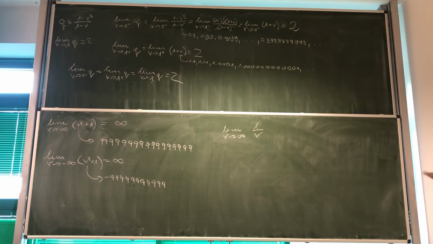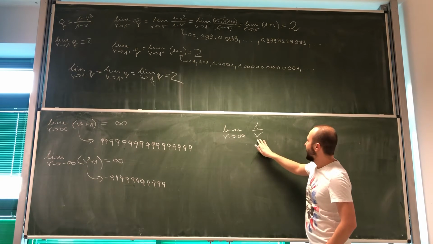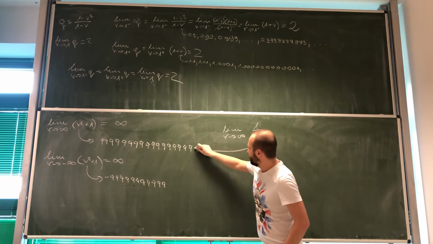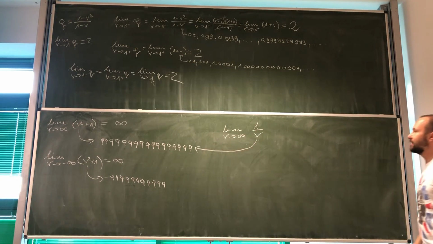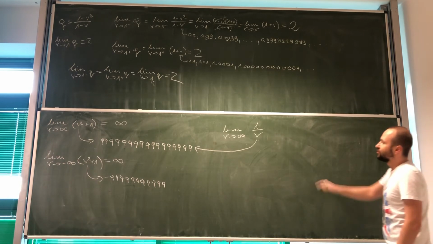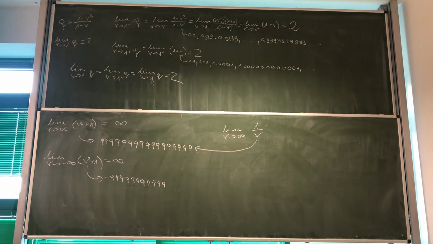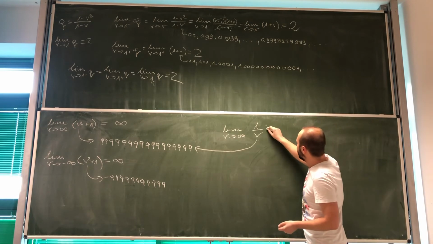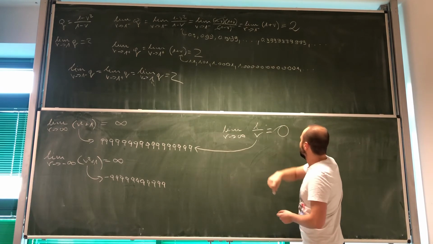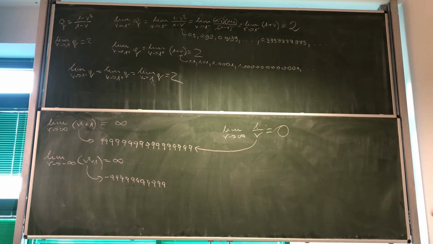Look, now, again, I can approximate our v with a bigger and bigger and bigger number, right? What is happening to 1 when we divide it by a bigger and bigger number? Well, it gets smaller and smaller and smaller. If the number is big enough, we are getting closer and closer to 0. And look, this is the limit in this case. It's just 0.